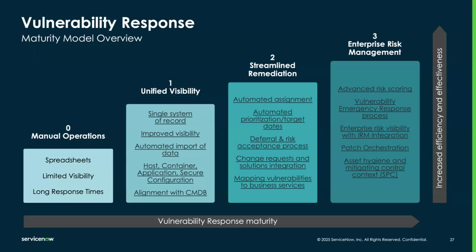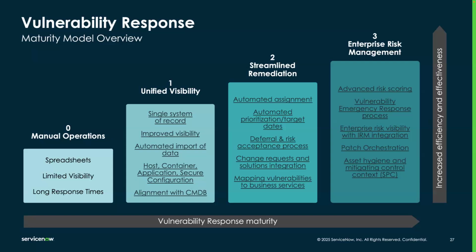What are we doing? Who's got the ball? Who's taking action? As we bring this data and process into ServiceNow, number one, we establish a single system of record, a one-stop shop. We can start to see who's doing what, what work we've assigned to different teams, and we start to automate the collection of that data through integrations.